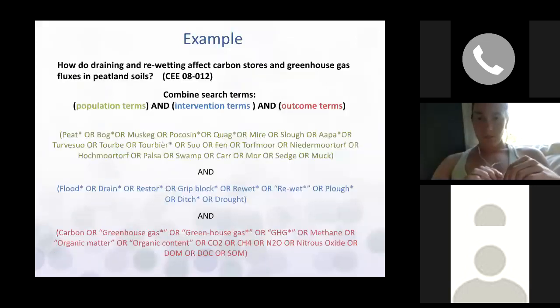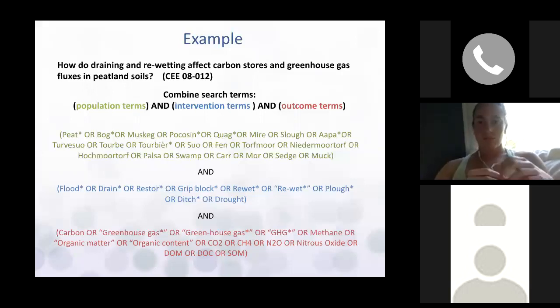And what they came up with is this, where they combine their sets of search terms into a search string. So this whole thing is your search string. And when you contain a set of terms within a parentheses, it's going to treat that as one set of search terms.